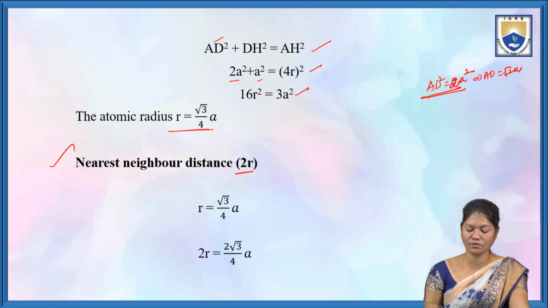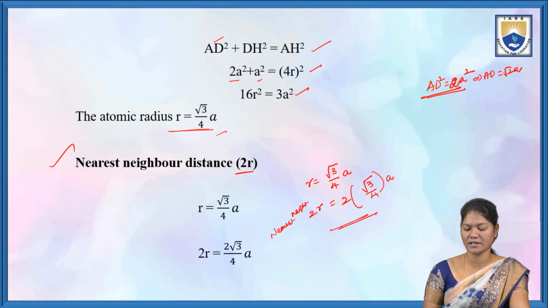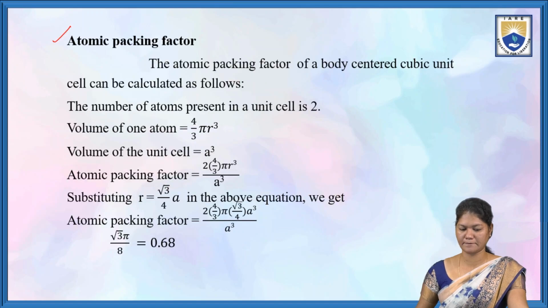So 2R is equal to 2 into root 3 by 4 A, since R is equal to root 3 by 4 A, which we calculated. This is the nearest neighboring distance.